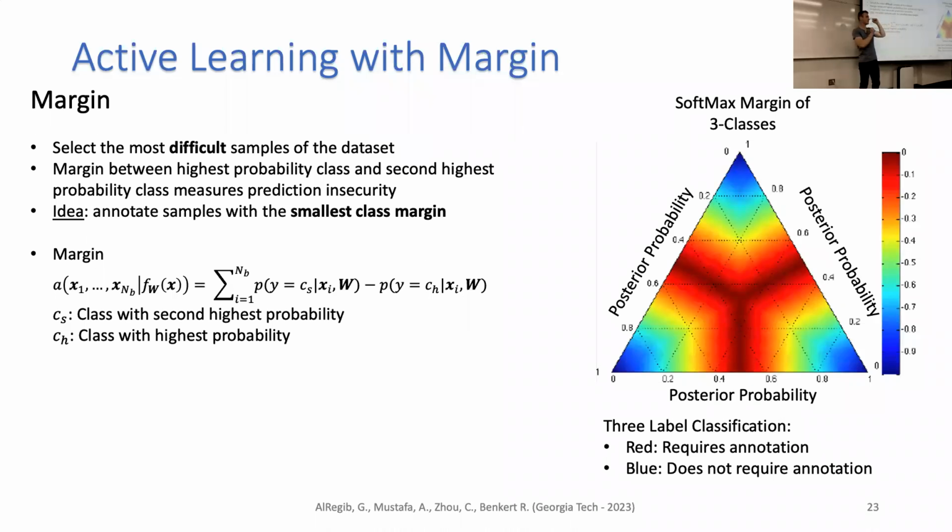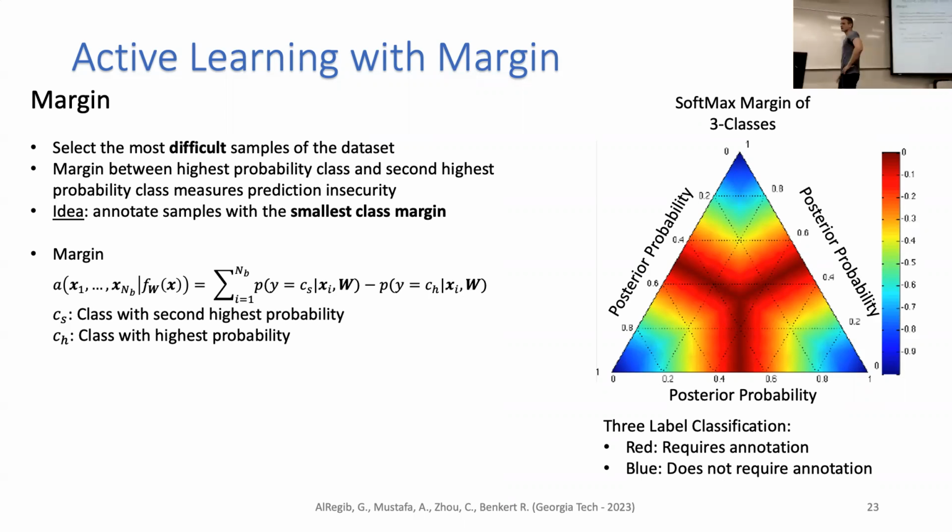If we have a frog and a toad, and they look very similar to each other, you're probably going to be predicting, I don't know, 0.8 frog and then 0.1 toad or whatever. So they're going to be very close to each other. And the difference between both of these probability scores is what you're going to be using for margin, the smallest margin, which gives you this particular map that you see here on the left. You're going to be selecting ones that are directly on the decision boundary that you see over here.